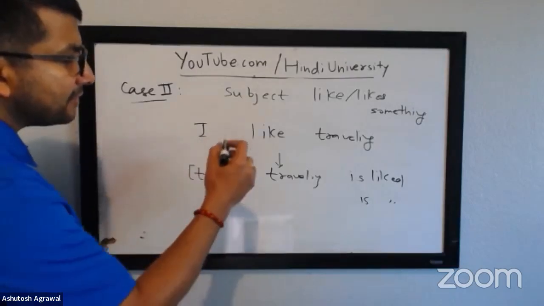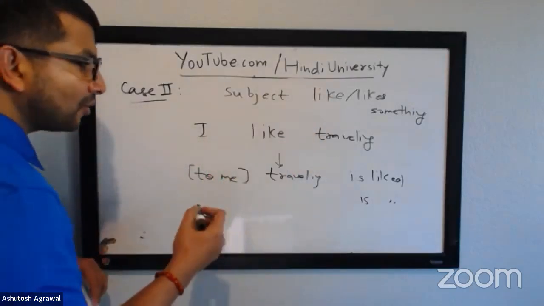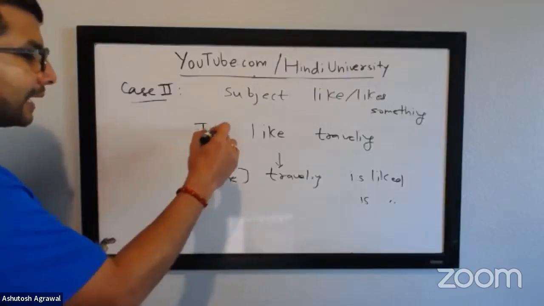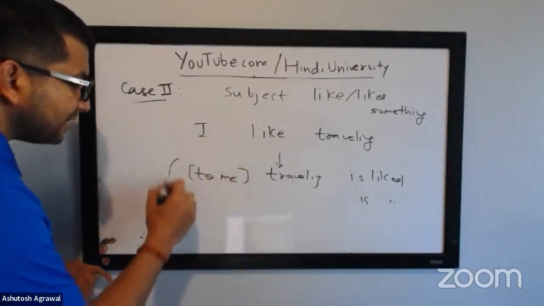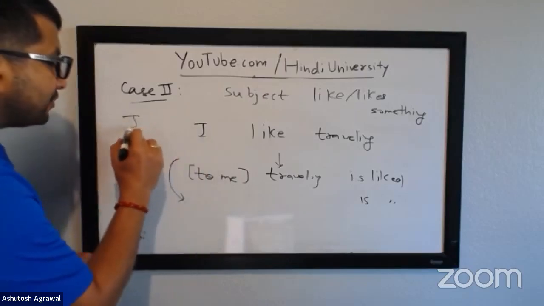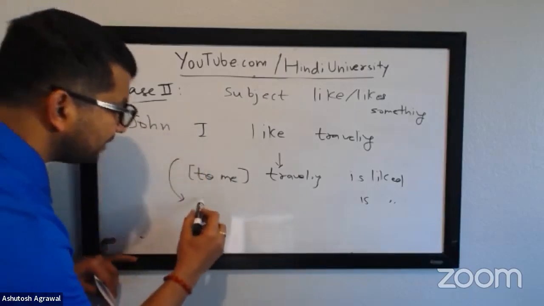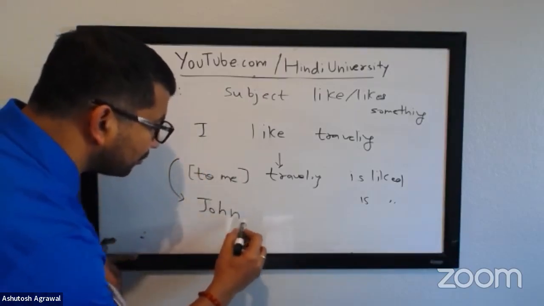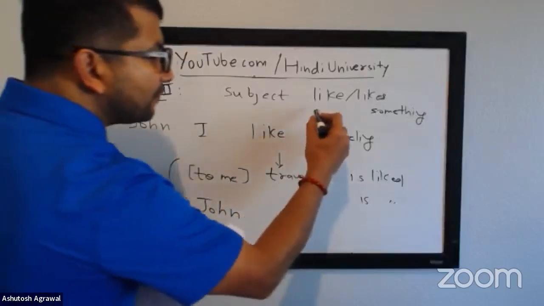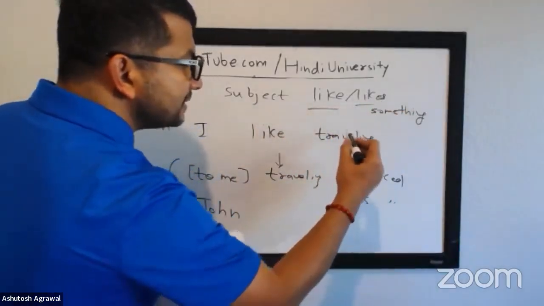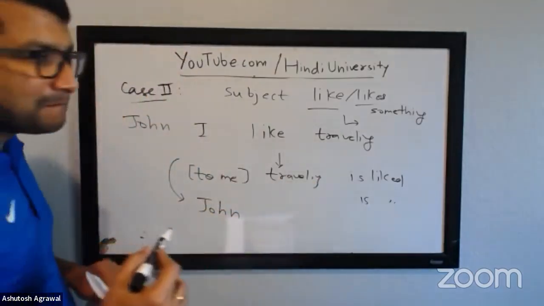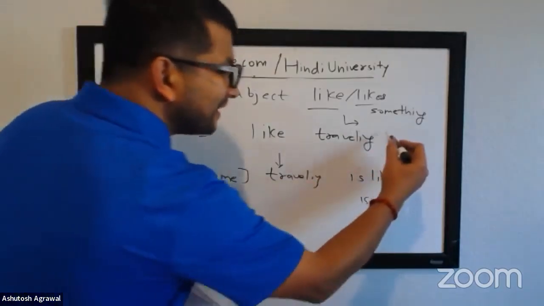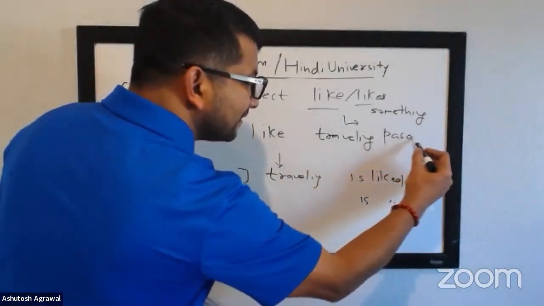But in Hindi, when a subject likes something or they enjoy something, that subject is marked with ko. So in this case, you have I can replace with John, and then it becomes John ko, and then the word for like in Hindi is pasand. Very good, pasand. Very good.